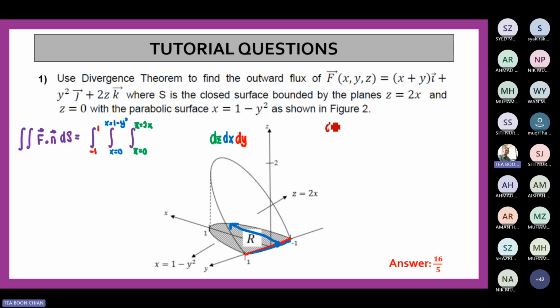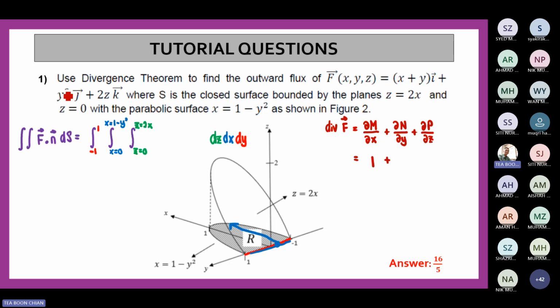So finally is the divergence of the function F. This is given by the derivative of component M with respect to x plus the derivative of component N with respect to y plus the derivative of component P with respect to z. Here, x + y is the component in the i direction. Differentiating x + y with respect to x, you get 1.